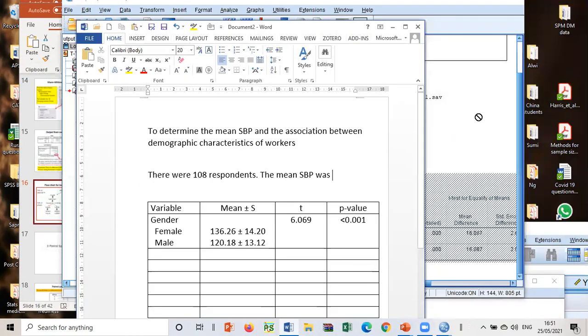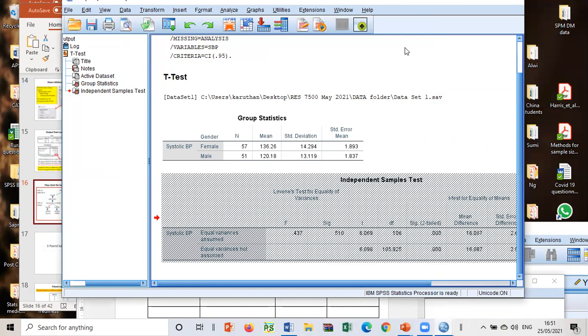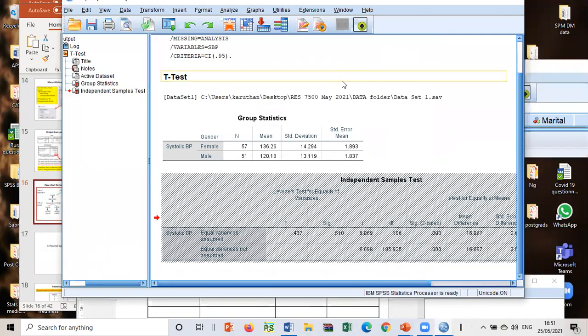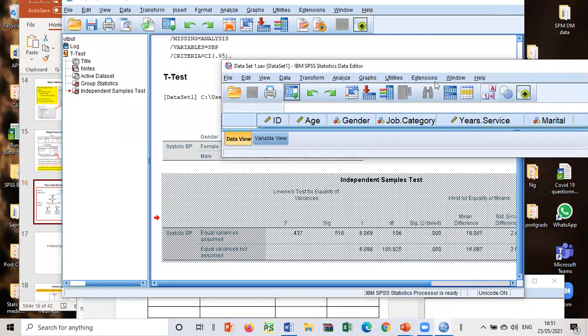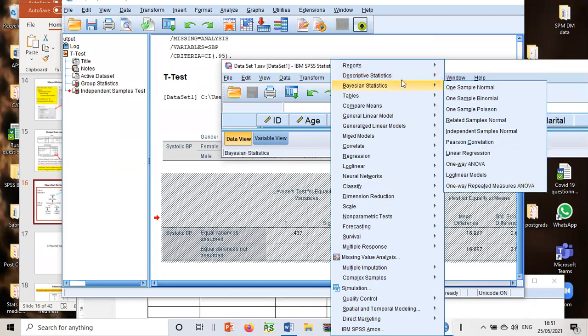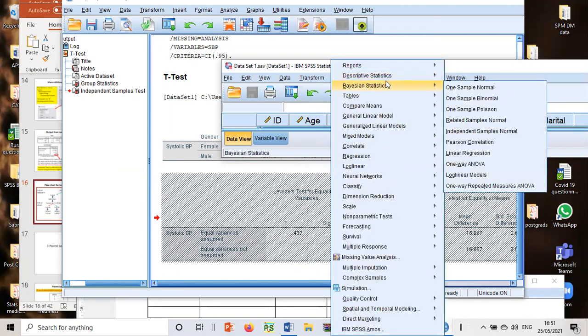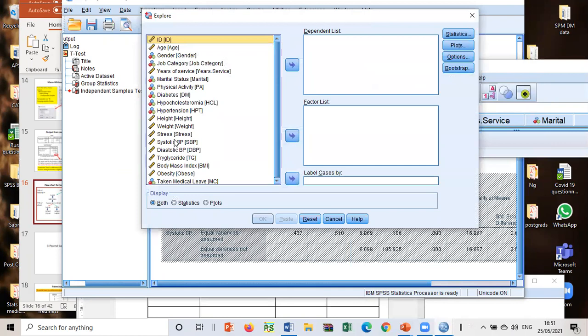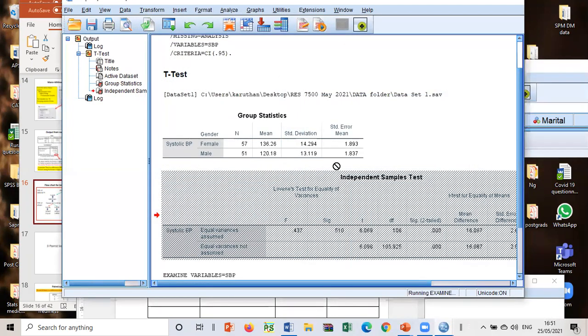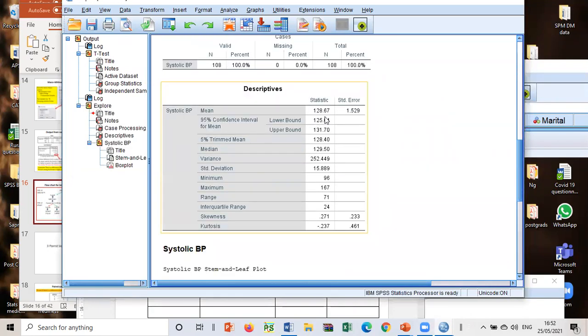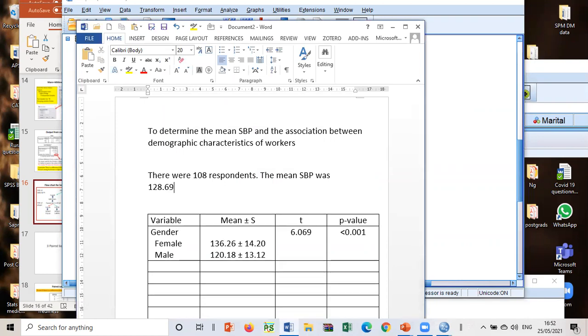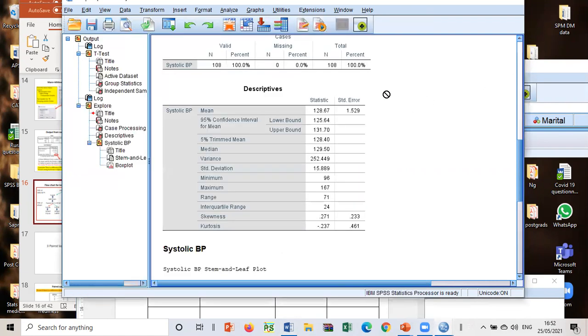Overall mean SBP. What's the overall mean SBP? So 129.169 overall, plus minus standard deviation 15.089.